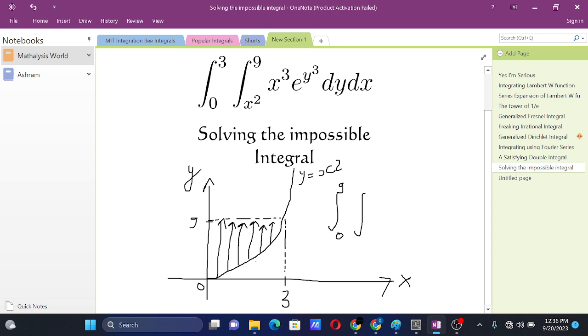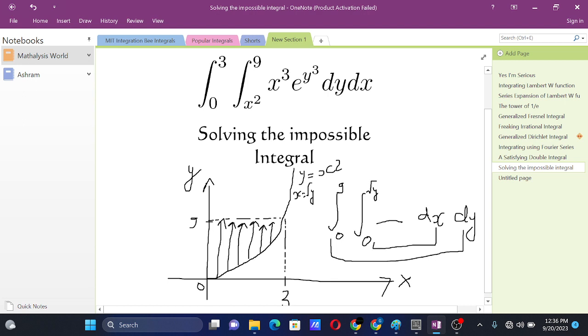This is also x equals root of y. So our height for the figure is there, and now we have changed it to dx dy: dy goes from 0 to 9 and dx goes from 0 to root y. With this manipulation we will be able to solve this integral.